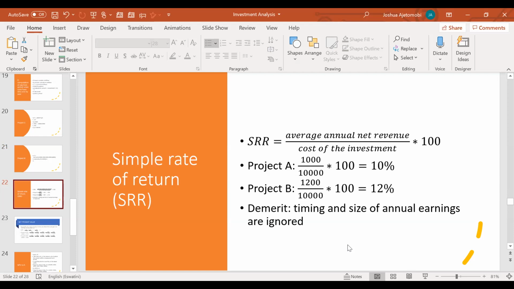So for project A, it's 1,000 over 10,000 multiplied by 100, which is 10%. Project B is 1,200 divided by 10,000 multiplied by 100, which is 12%. So simple rate of return is very straightforward. There is no problem about that.